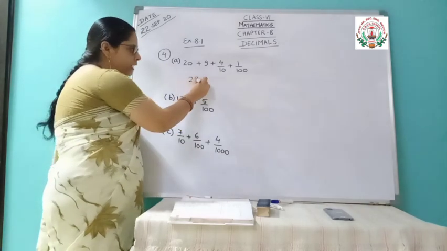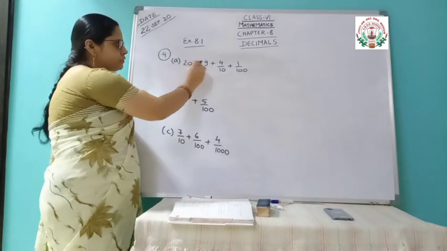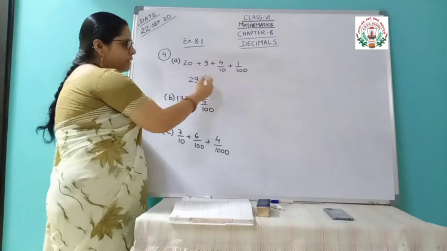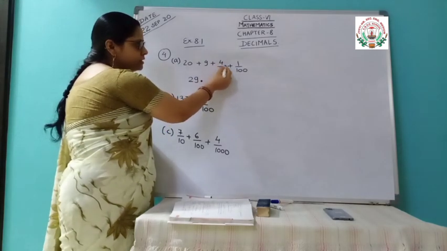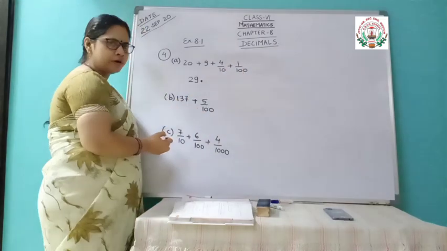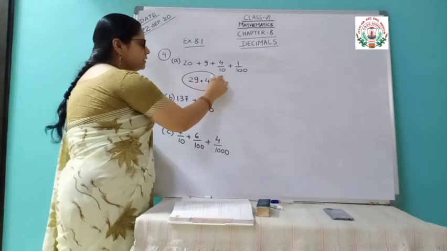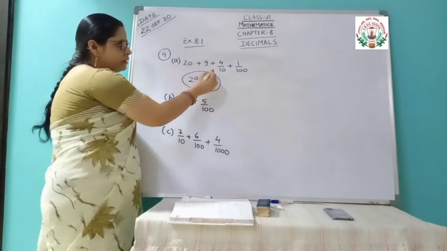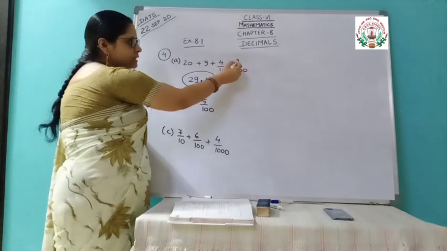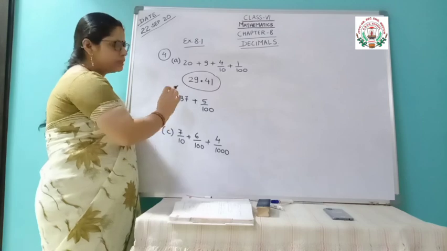I am making it dark just so that you can see this decimal. So it is 29 and this is the decimal part. We are putting one decimal there, and it is the first digit after the decimal and the second digit after the decimal. So we are writing here 4, 1. So this is the answer. Understood? 20 plus 9 is 29, and this is the first digit after the decimal, this is the second digit after the decimal. So 29.41. This is the answer.